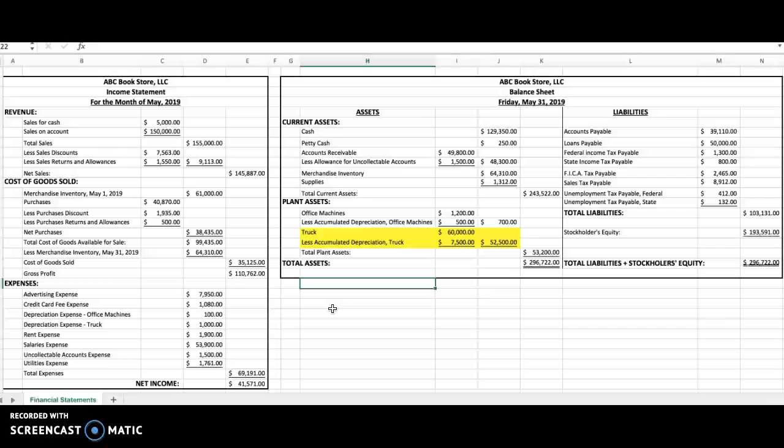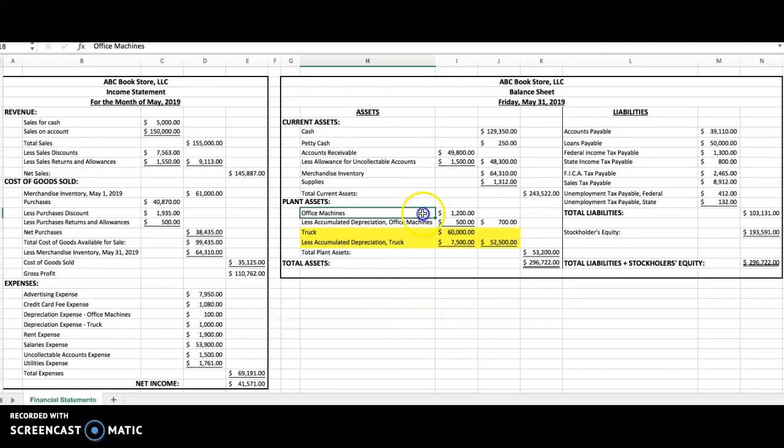As we said way back then, businesses do this because it's important to show what this asset, what the truck, cost us originally, which is $60,000, and how much it has worn out. We have accumulated a bunch of depreciation over time, adding up to $7,500. The net value is $52,500.